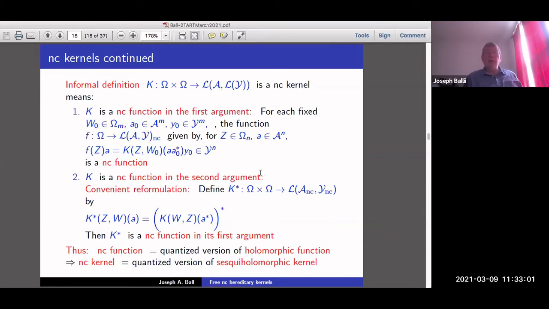Then noncommutative function in the second argument, we get less tangled up if we take the dual. We take the dual kernel. You interchange the arguments, replace A with A star, take the adjoint of the whole thing. Then the condition is that this dual object is a noncommutative function in its first argument.